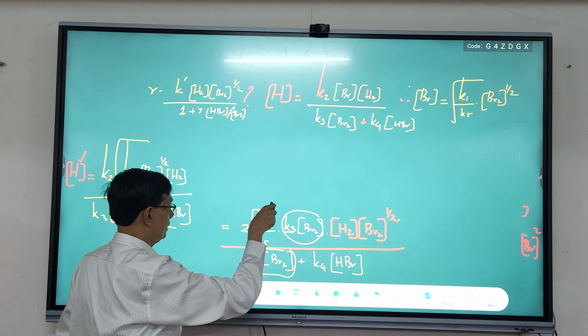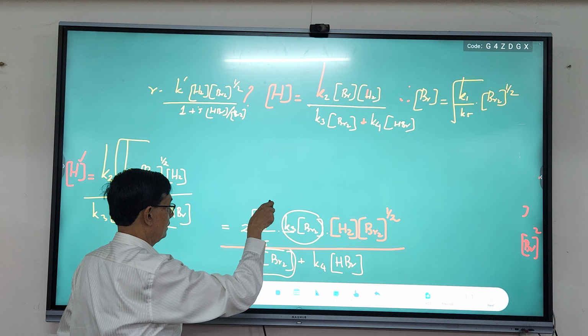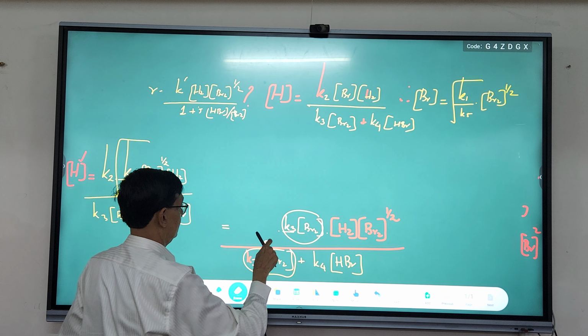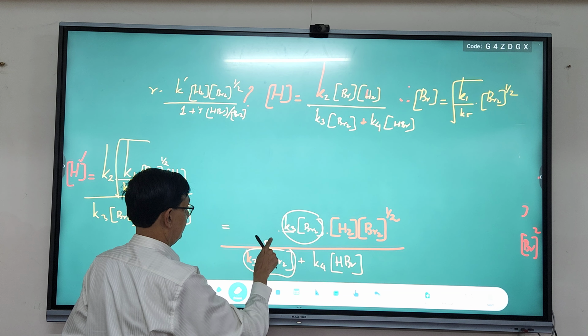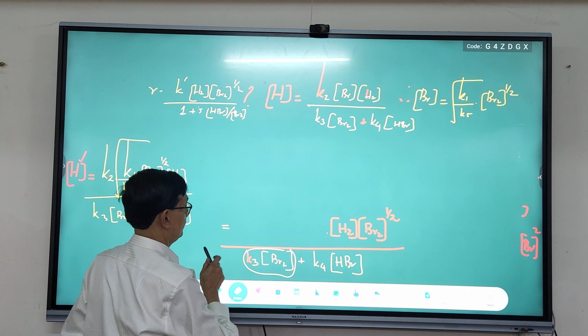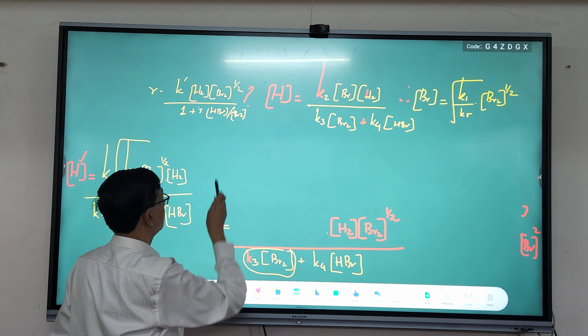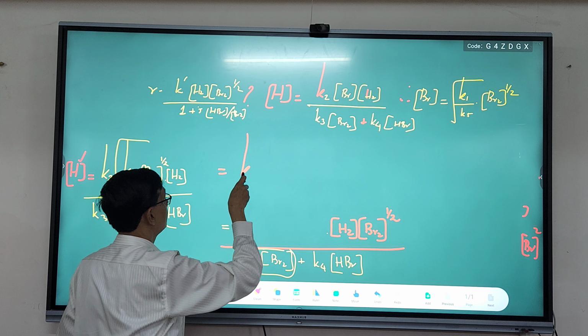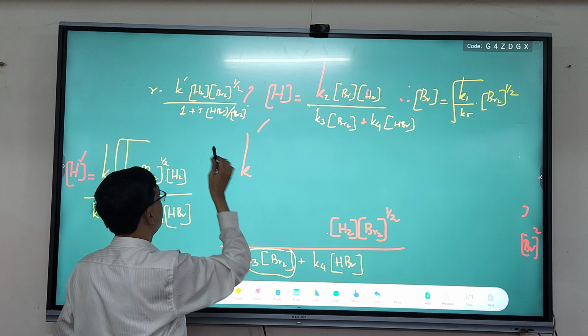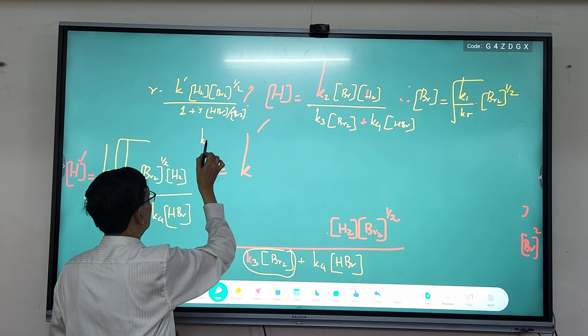Suppose this part is some constant k dash. It may be k1, k5, 2k2 like that. It is a constant.